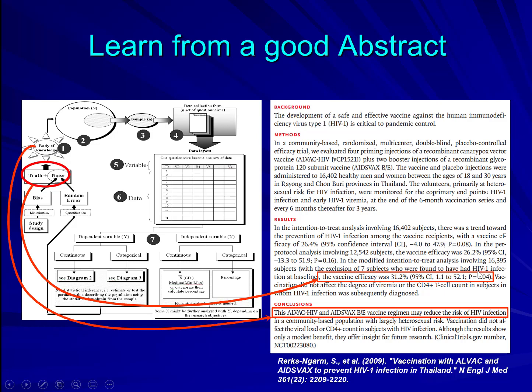You see, if we are not clear about the concept of statistics, and if we just omit all this and present only the p-value here, we will tend to say that this vaccine works well. It's significantly preventing HIV infection, because the p-value is less than 0.05.